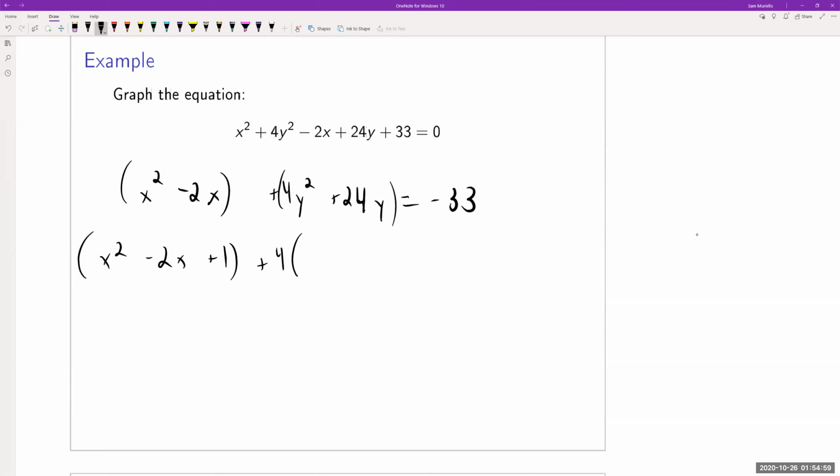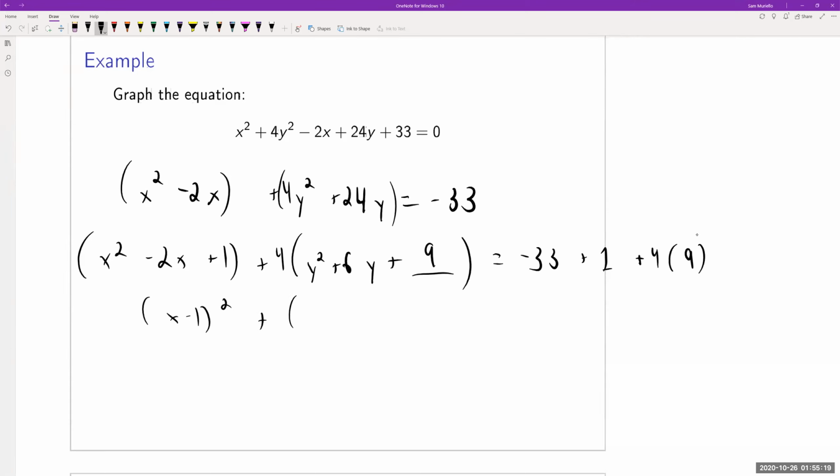For this one, we've pulled out a 4, which leaves us with y squared plus 6y plus a blank, which therefore needs to be 9, which means we're adding a 1 and a 4 times 9. This ends up giving us x minus 1 squared plus 4 times y plus 3 squared, and this is 36 minus 33 is 3, plus 1 is 4.